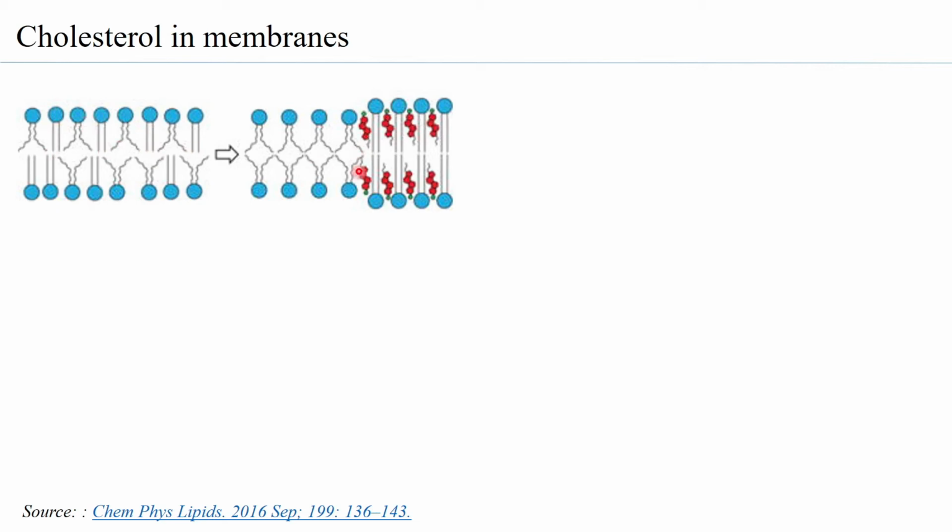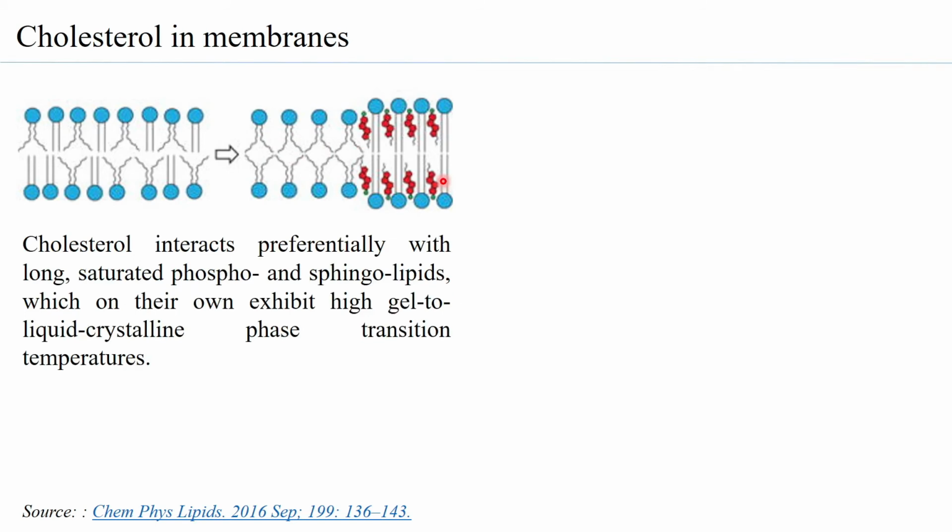So you can see how immediately with the arrival of cholesterol in the membrane, all of these interact more preferentially with the cholesterol, so they all club into one domain. Therefore this phase is getting separated from that phase, so this becomes one domain, and this becomes another domain. This is a very typical domain that has been formed.